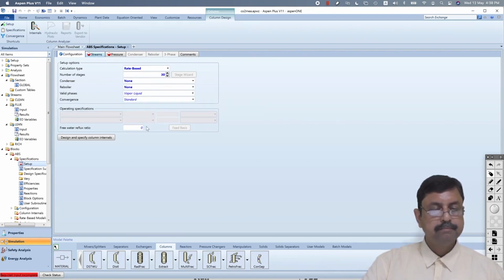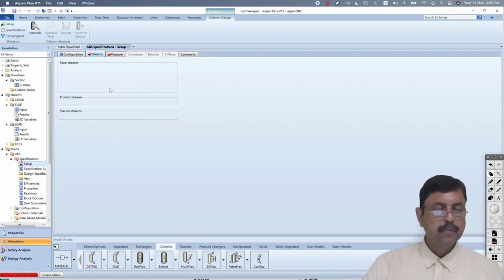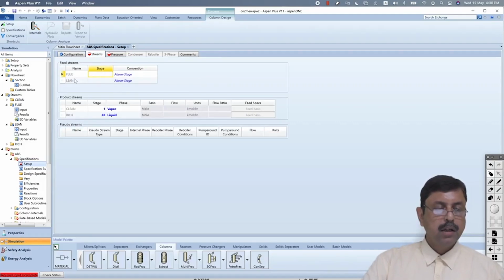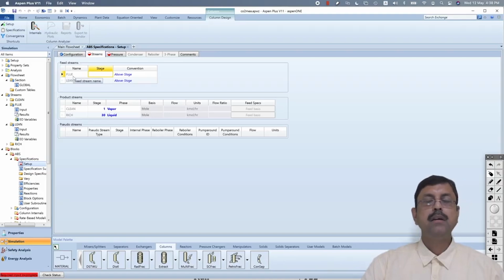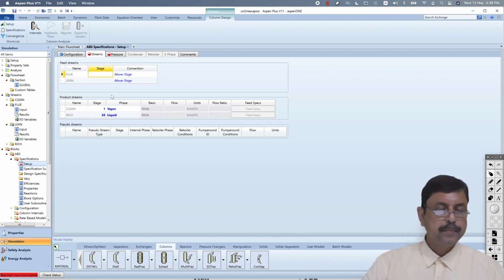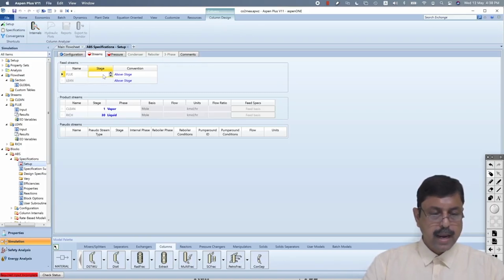Streams: flue gas has to be sent from the bottom and lean amine will be poured from the top. So flue gas on the 30th stage, because the stages will be counted from the top.